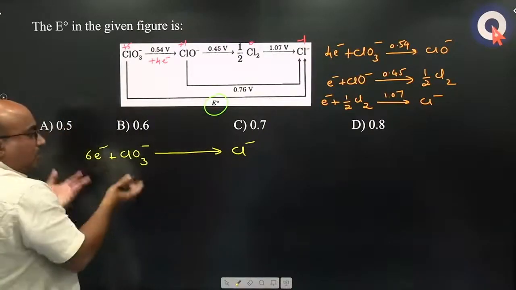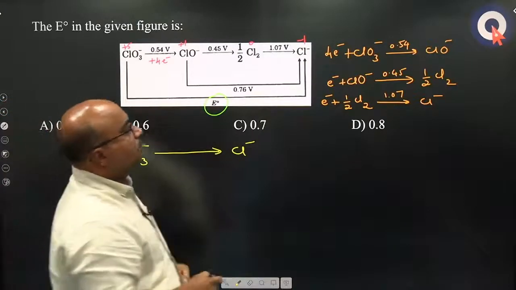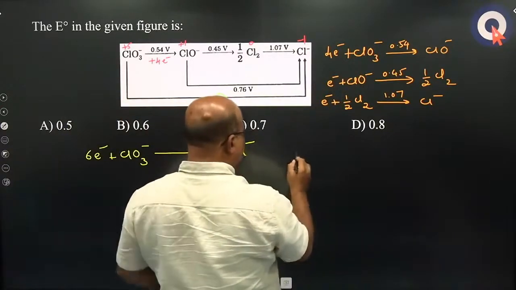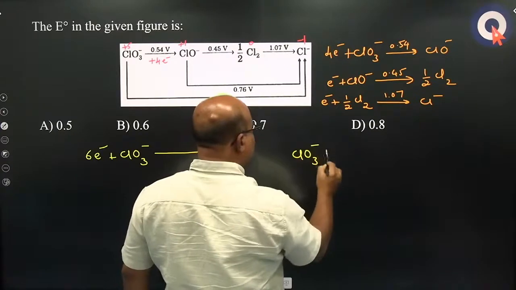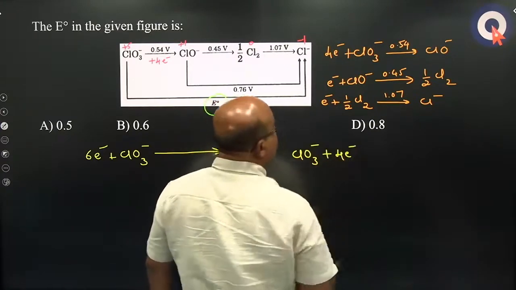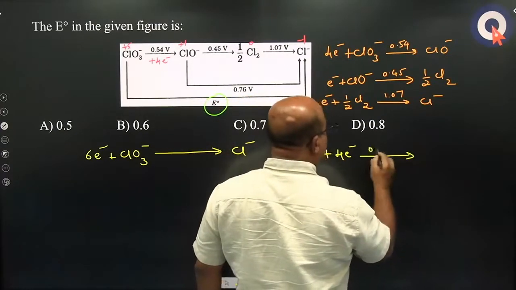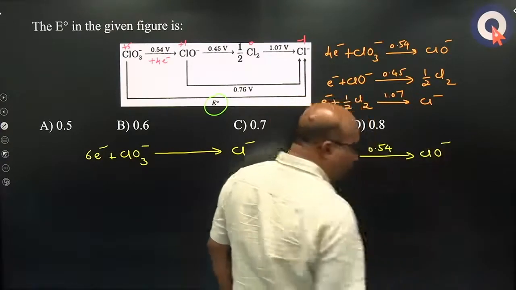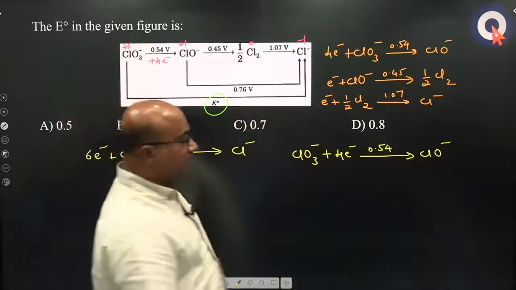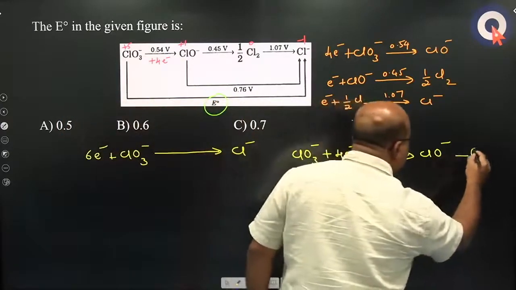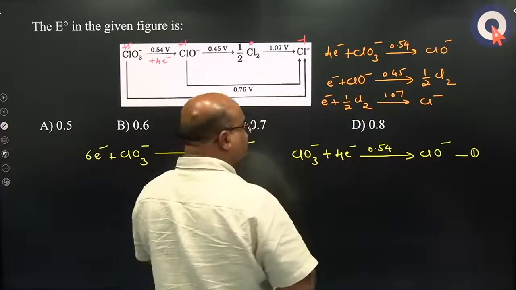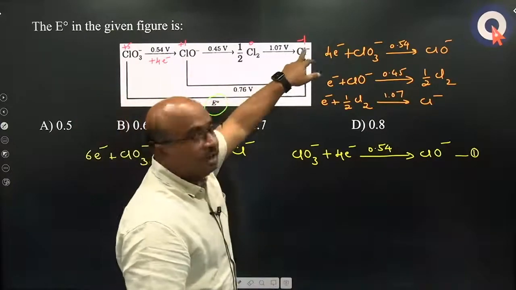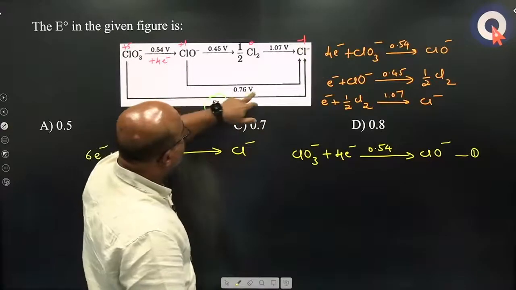But how do I get this reaction? Suppose I take this first equation, that is ClO3 minus plus 4 electrons with a potential of 0.54 is giving ClO minus. Let us say this is equation 1. If I take this equation, that is ClO minus direct conversion into Cl minus, because the potential is already given here.